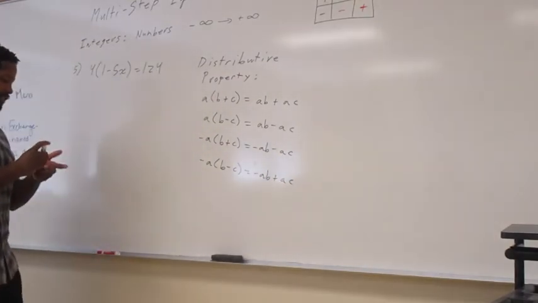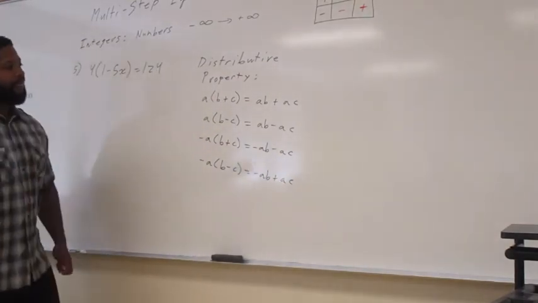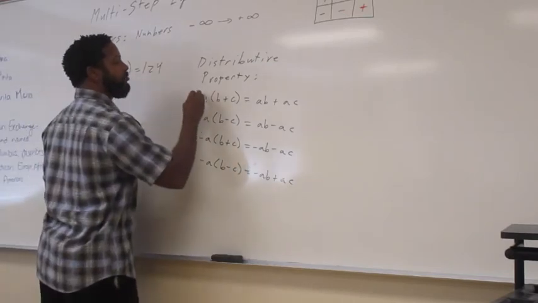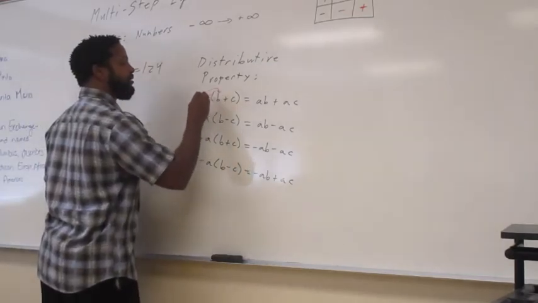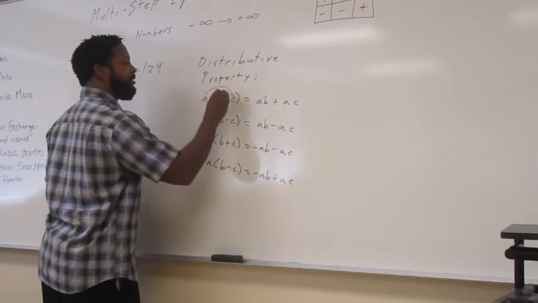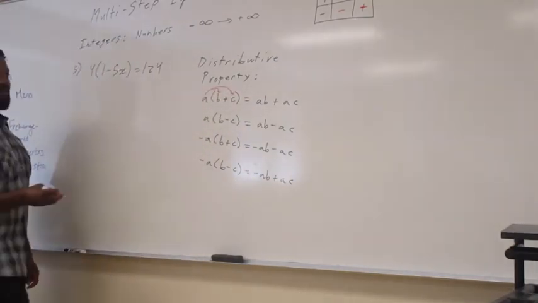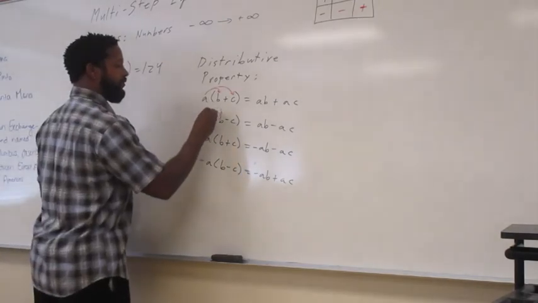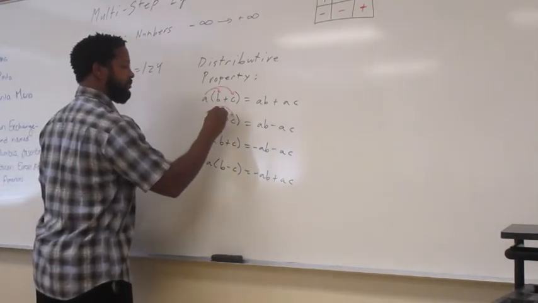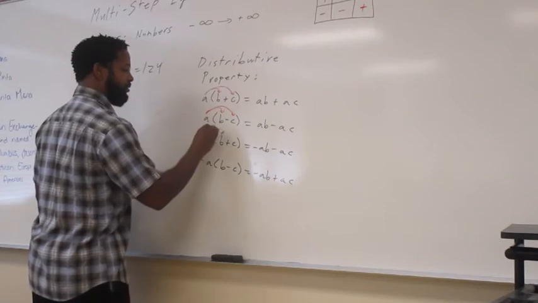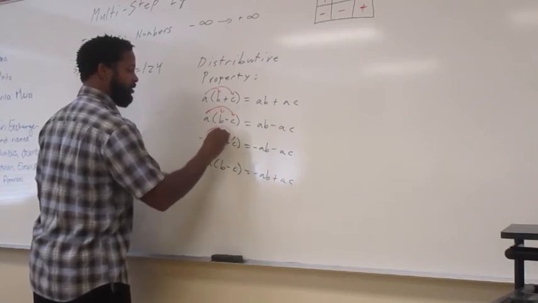What you are essentially doing is multiplying the A times the B and then the A times the C. That is what you are doing each and every time.